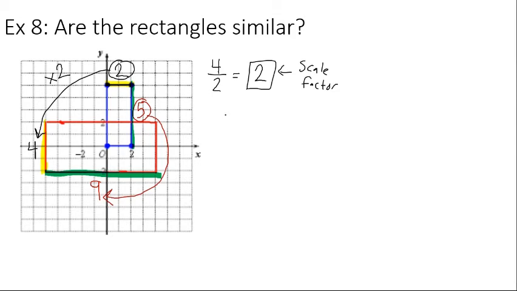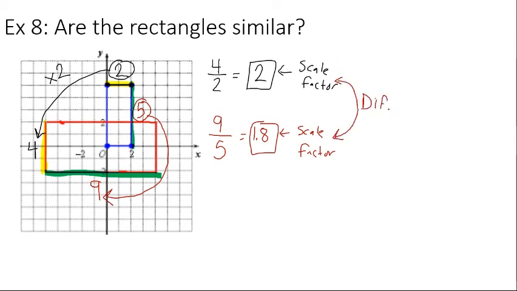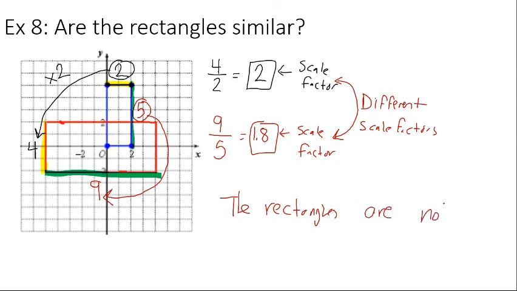Okay, so here I'm going to put 9 over 5. And if I divide those numbers, this gives me 1.8. So this is the scale factor. And then we compare these two. I have different scale factors. So I'm going to say here, the rectangles are not similar.